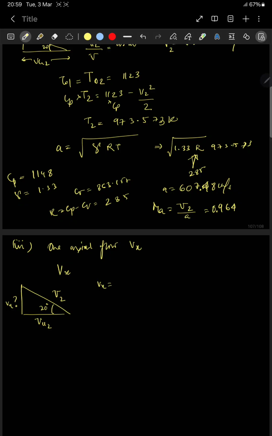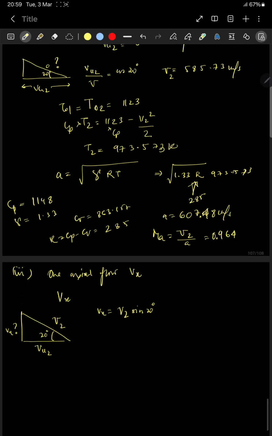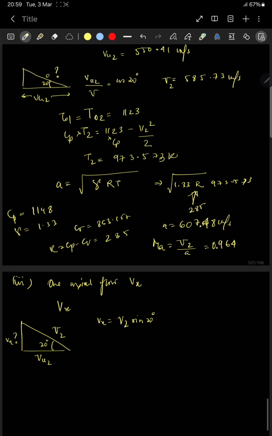So Vx equals V2 sine 20 degree. V2 is this, 585.73. So Vx equals 200.33 meter per second. Okay.